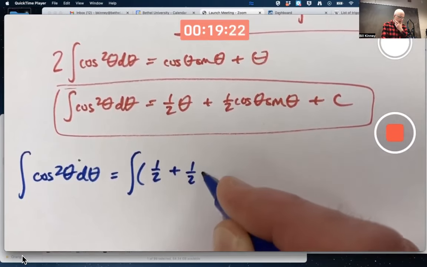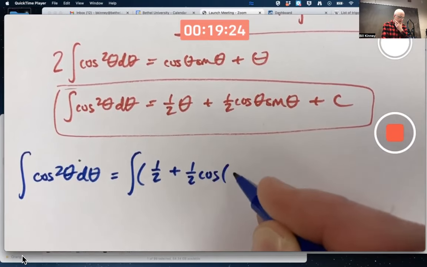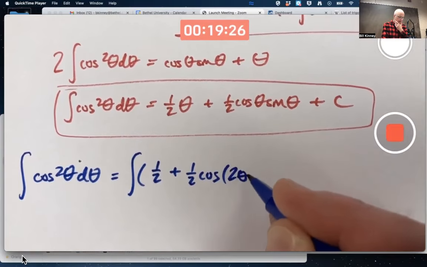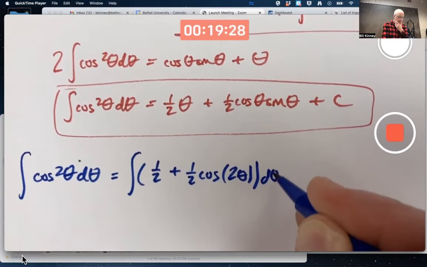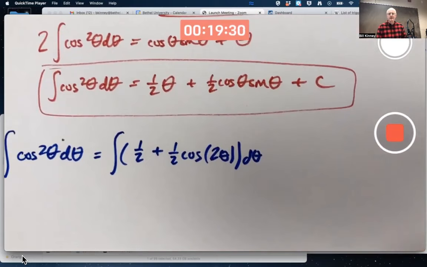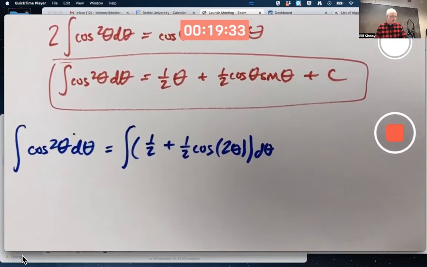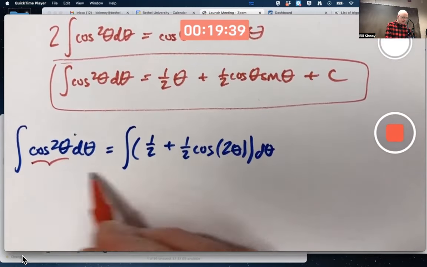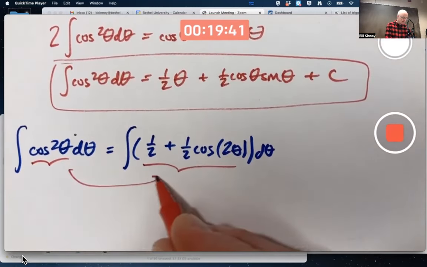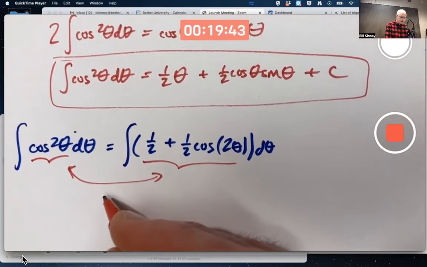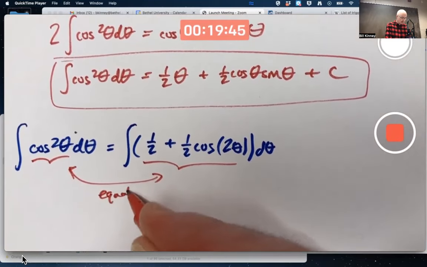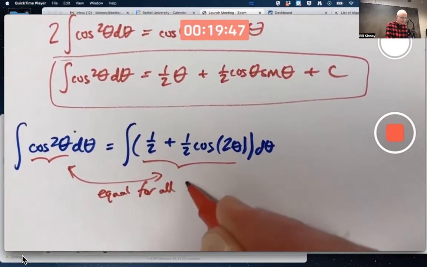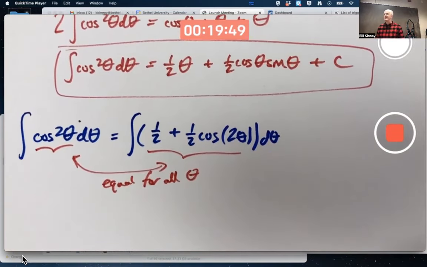And here's what you want to use. Cos squared theta is 1/2 plus 1/2 cos 2 theta. I'm using parentheses there around the 2 theta, but I probably won't hereafter. These two things are equal for all theta. The equality of those two things is a trigonometric identity.